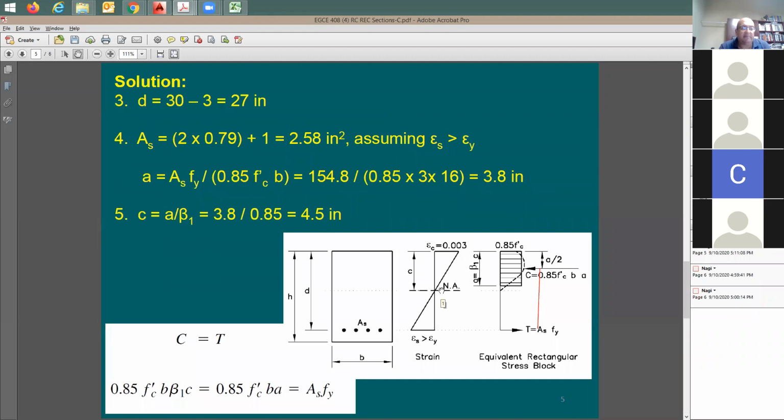Strain is going to be very high if c is very small, because this line is going to be doing this, right? So c is going to be small, which means you put a little bit of reinforcing and it's not doing any good. Later on, you will learn that you have a minimum amount of reinforcing that you need to add to your beam, and minimum reinforcement controls the amount of strain and stresses in your steel rebar.